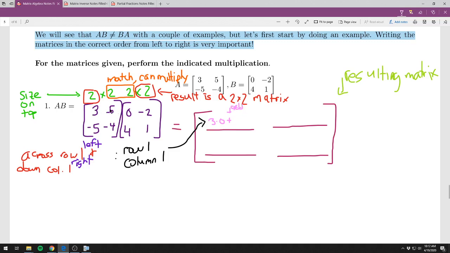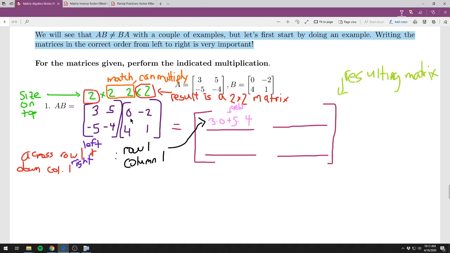And then you go across row 1 and down column 1, meaning we move over to 5. We're at 3, we move over to 5, and we do 5 times the next number in the column, which is 4. We move across and down. And when you run out of places to move, you are done.